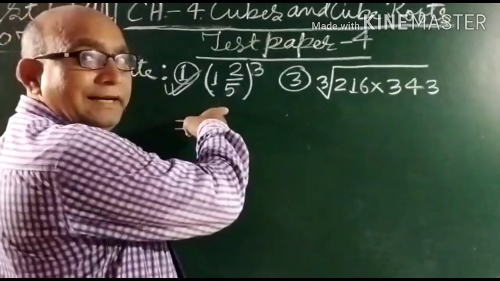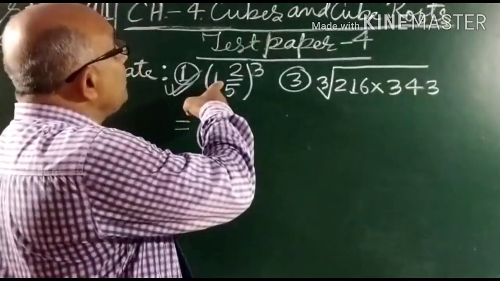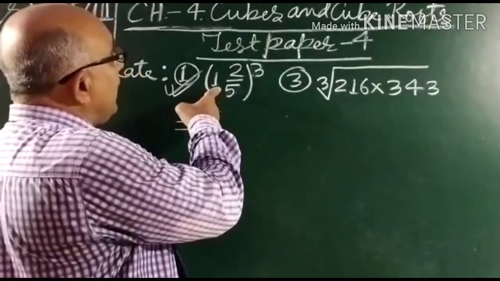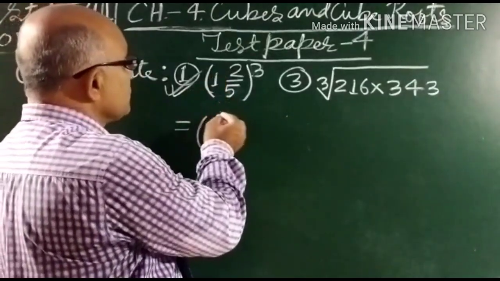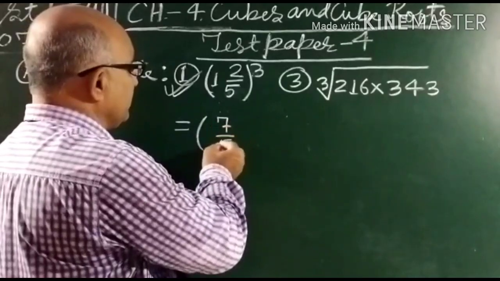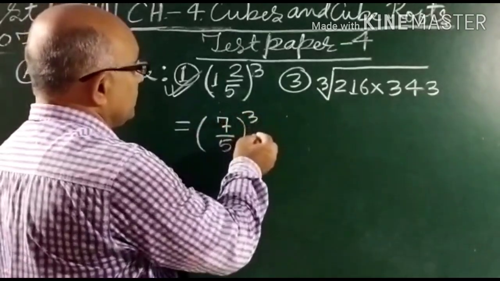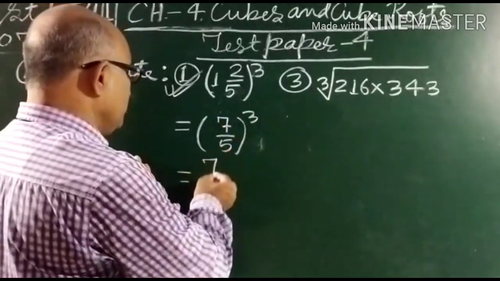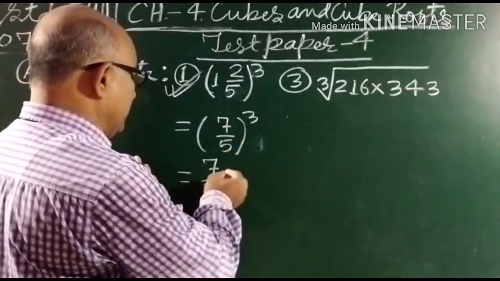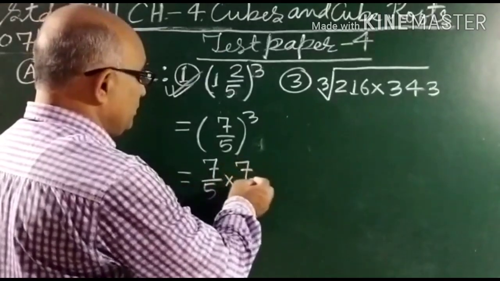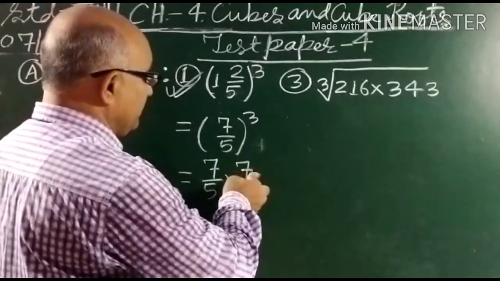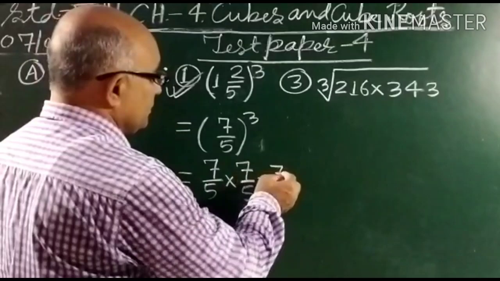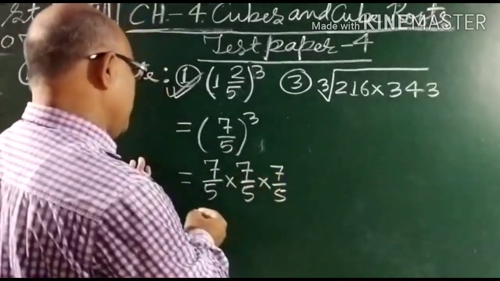First of all, change it into an improper fraction: 5 times 1 is 5, plus 2, is 7 by 5, cube. So (7 by 5) cube equals 7 by 5 into 7 by 5 into 7 by 5.